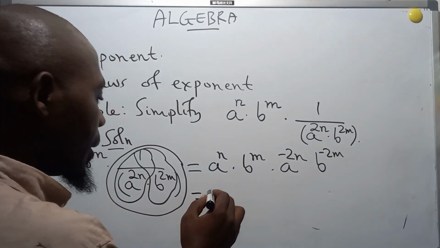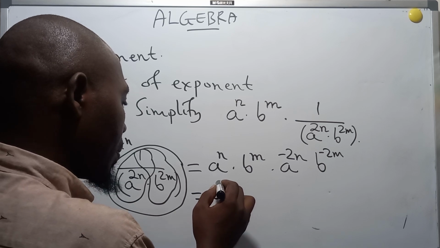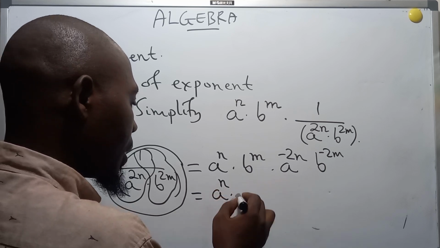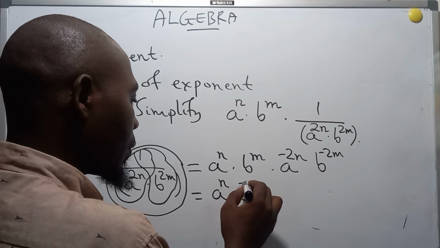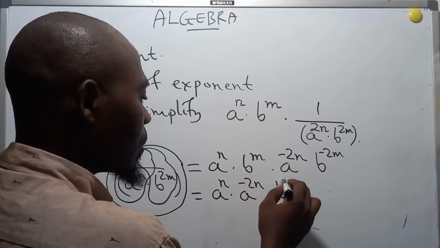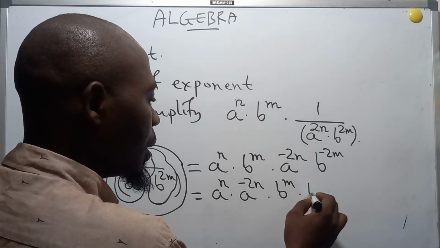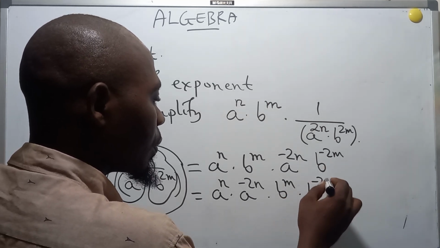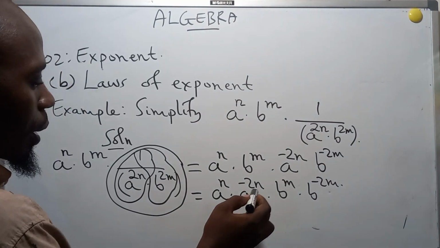This is the same as a raised to the power of n times a raised to the power of negative 2n times b raised to the power of m times b raised to the power of negative 2m.